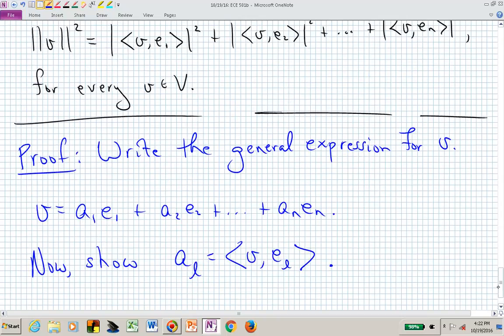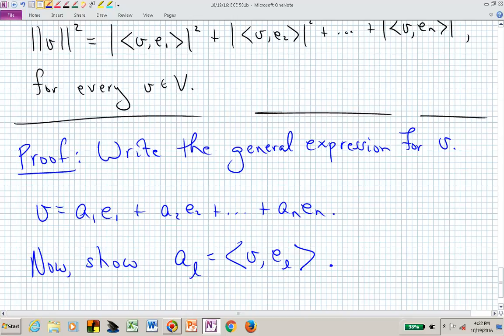So now what is that? If you tell me to write a vector v in terms of a linear combination of bases, then you would say, oh, that's a1 e1 plus a2 e2, where my basis vectors are e1 through e sub n. So now you can express any vector in terms of these basis vectors.